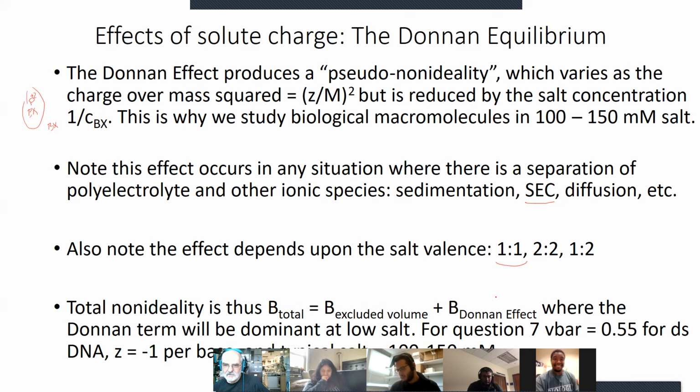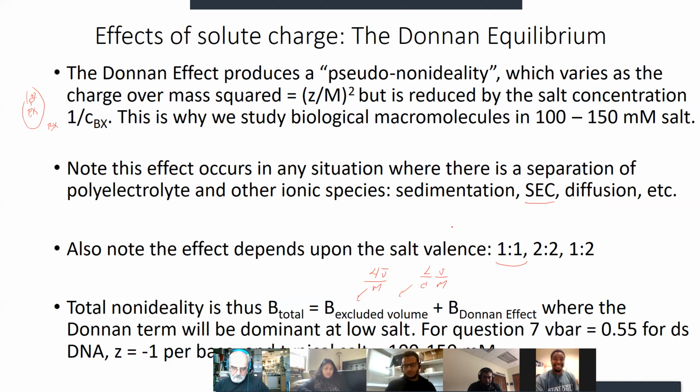And so the total calculation of the excluded volume and Donnan effect is a sum. It's the sum of the excluded volume term. I think for spheres up above, the equation was something like 4V bar over M. For rods, it's something like L over D, V bar over M. Okay, so those are the excluded volume terms, depending on what it is. The Donnan term depends upon Z and salt concentration.